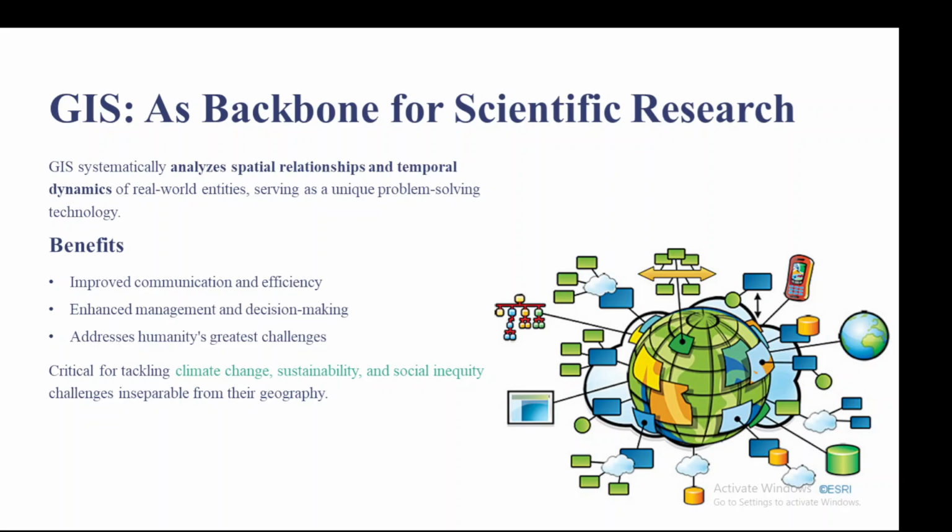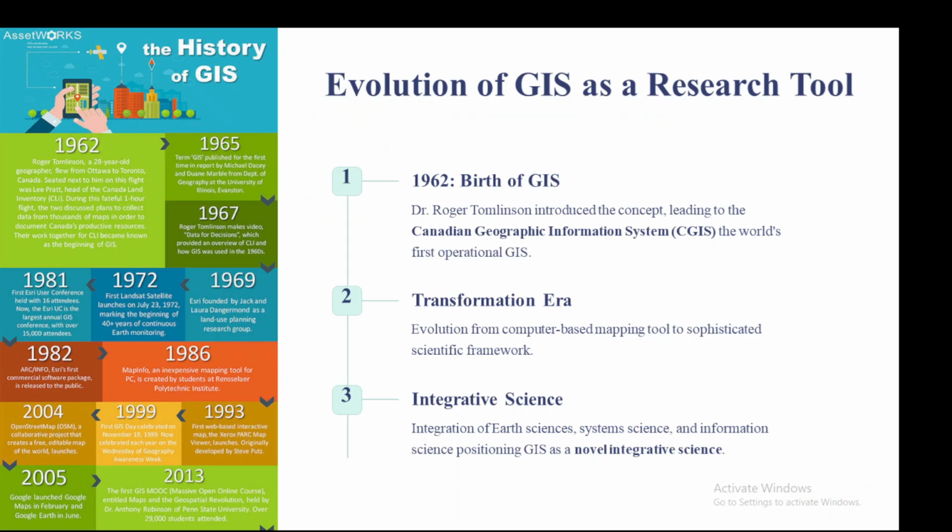In today's session, we will do four things. First, we will trace the history and evolution of the GIS that we have just done, as to how it grew from simple map making to a global analytical framework. So, in 1962, the GIS was given birth by this Canadian geographer whose name was Dr. Roger Tomlinson, who introduced this concept and formulated Canadian Geographic Information System.